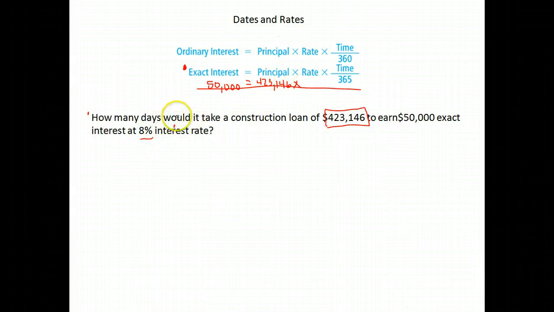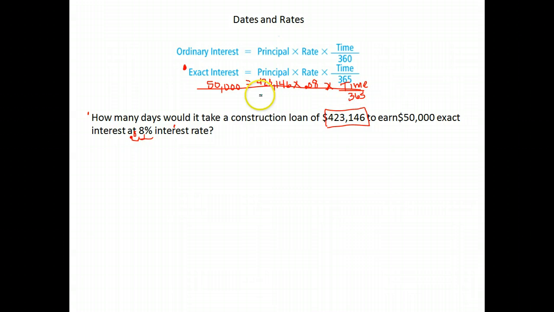So again, move the decimal 2 places to the left before calculating with our percent. We have 0.08 as our rate times the time divided by 365. We don't know how many days, so we just put time there over 365.